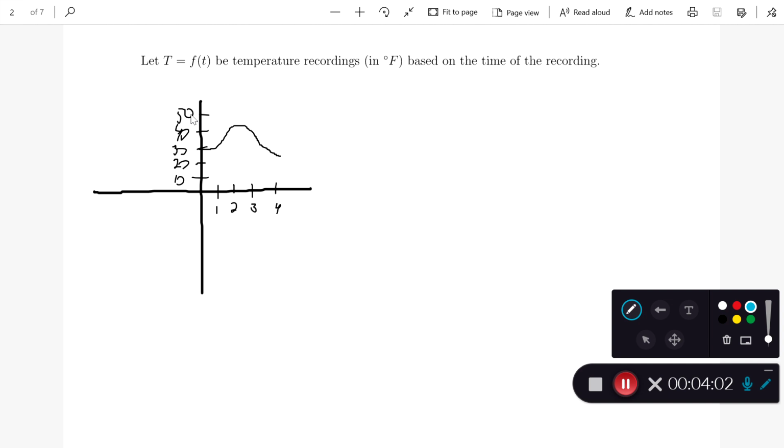So for example, you could do some sort of method to estimate, like something similar to the midpoint rule where you take the middle value. Or you could use some other sample points.